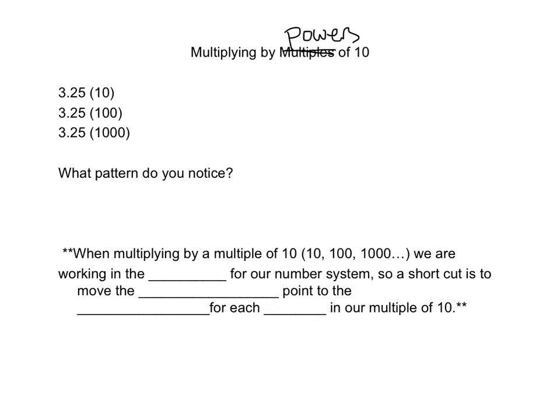So let's look at a few examples. 3 and 25 hundredths times 10 is the same as 32 and 5 tenths. 3 and 25 hundredths times 100 becomes 325, and 3 and 25 hundredths times 1000 actually becomes 3,250. So you go ahead and pause the video and just kind of record what pattern you notice as our powers of 10 increase, and then our products that we get.